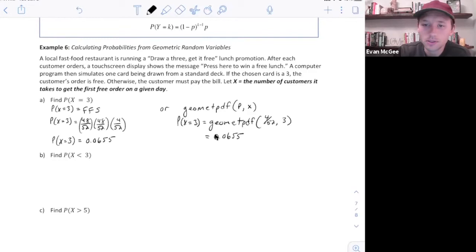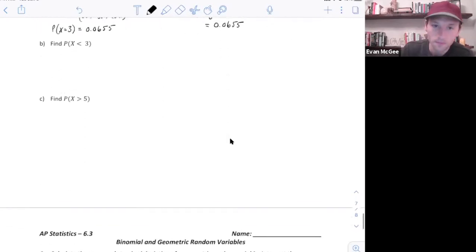And interpreting this probability, we would say the probability that the first customer to win a free lunch is the third customer is 0.0655.